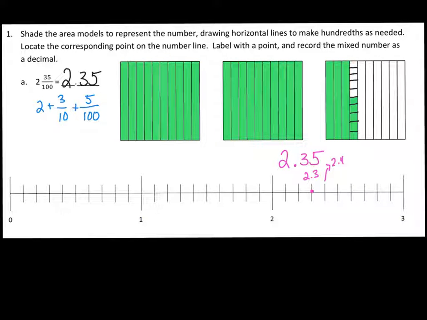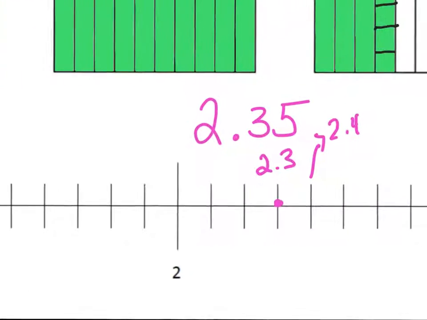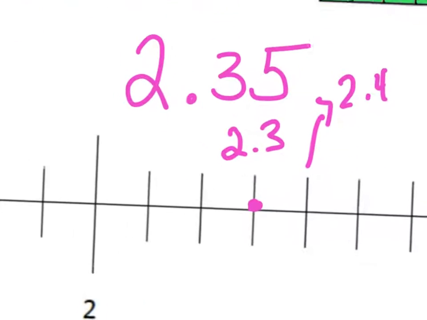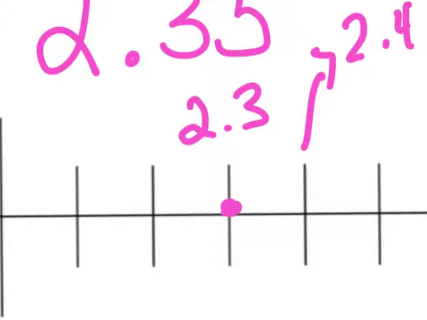So this is going to be really tiny. So what we want to do is kind of zoom in. And now really, look at that. Now break that up into another tenths. So we get 1, 2, 3, 4, 5, 6, 7, 8, 9.